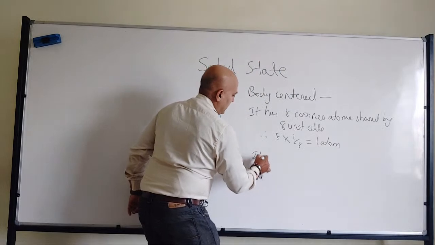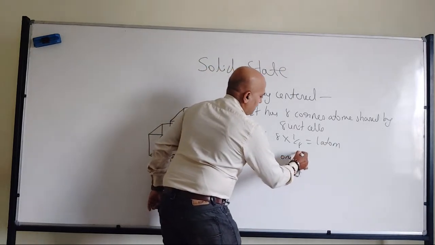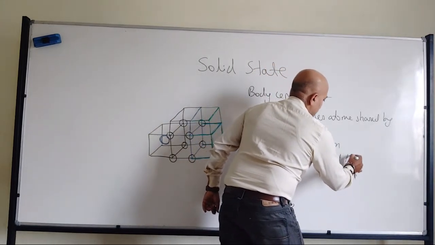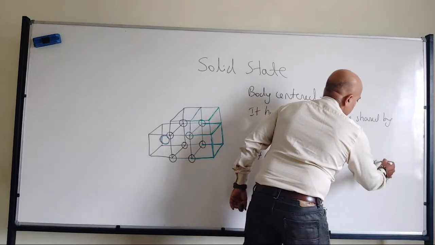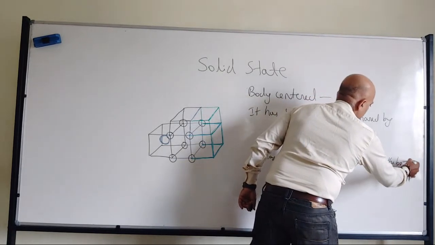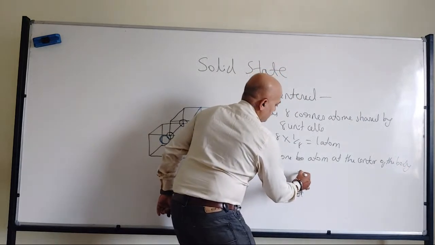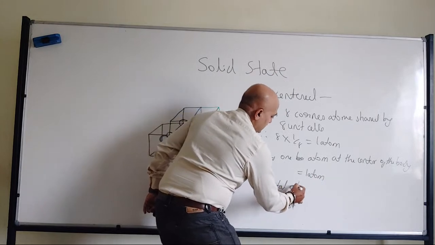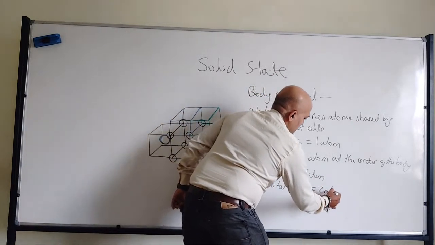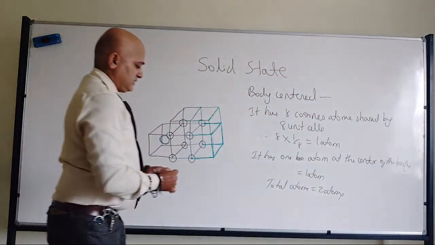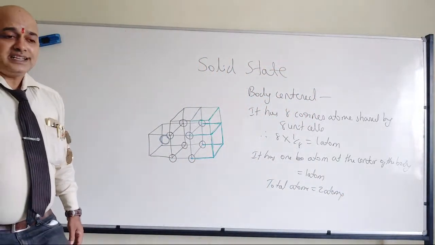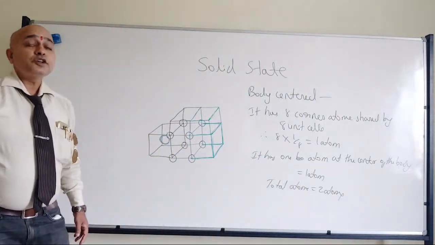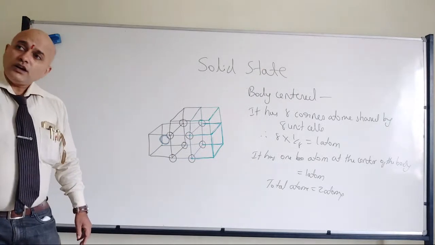Then you should tell that it has one body atom at the center of the body. At the center of the body, which will not be shared, therefore it will be equal to 1 atom. Total atoms is equal to 2 atoms or 2 elements. Right? So body centered will be having total 2 atoms or 2 elements in its unit cell, in a crystal lattice. All of you have understood?